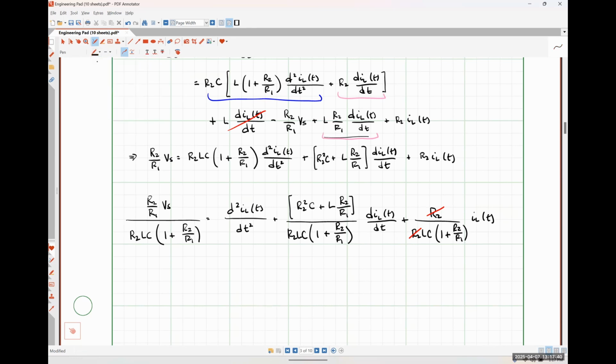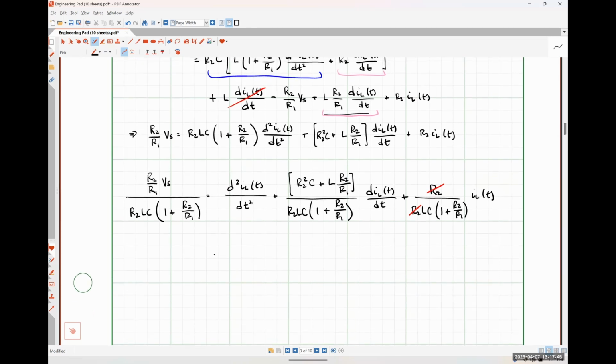So from this horrifying thing, we can see that the Neper frequency for this guy is just going to be 1/2 times that thing, right? So R2 squared C plus L R2 over R1 divided by R2 LC times 1 plus R2 over R1.